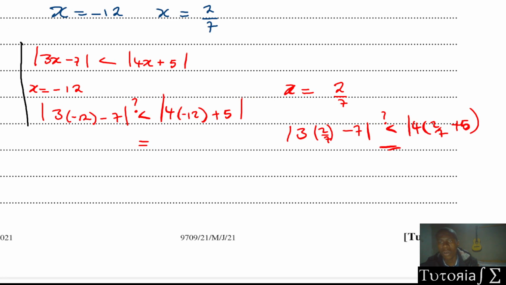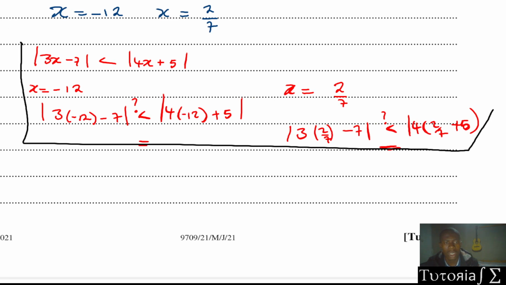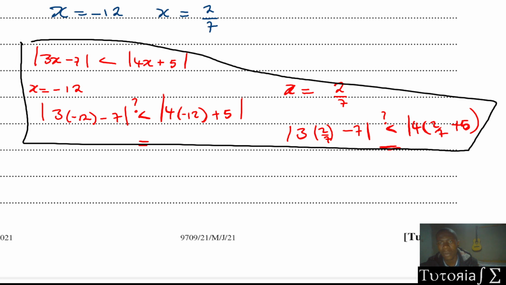the solution, so you're not writing this, this is just for explanation, so you say that is your final answer.